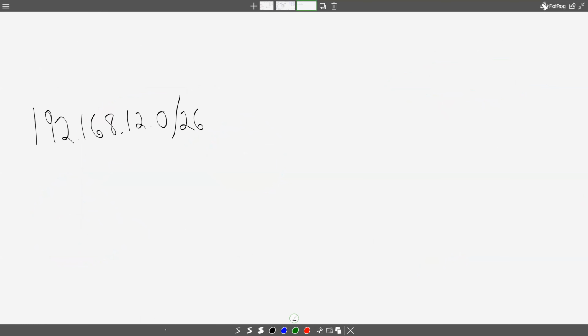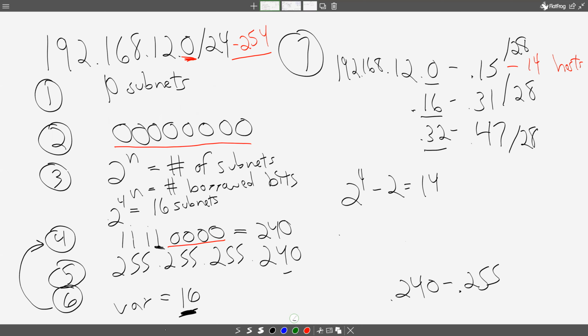So we borrowed the /26. If we borrow the /27, the variable at that point becomes 32. So we're going to break it down to 0 to 31 and 32 to 63.